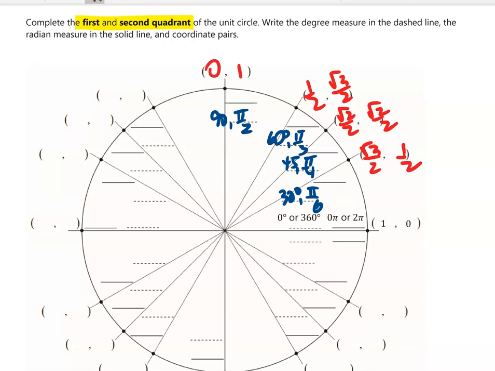If we continue here, since this is 90 and pi over 2, so this is 120 and 2 pi over 3.